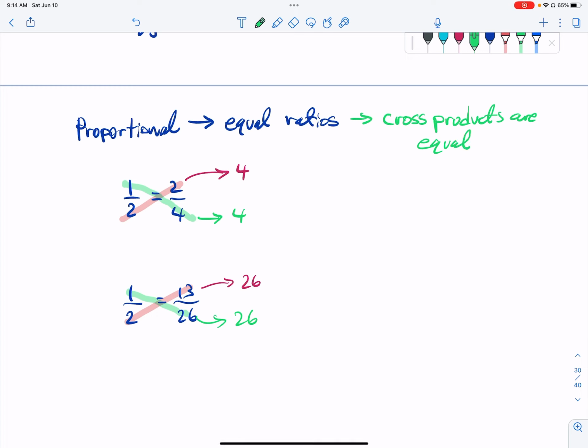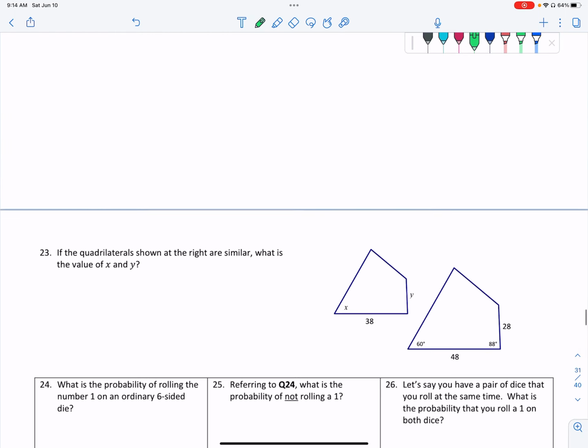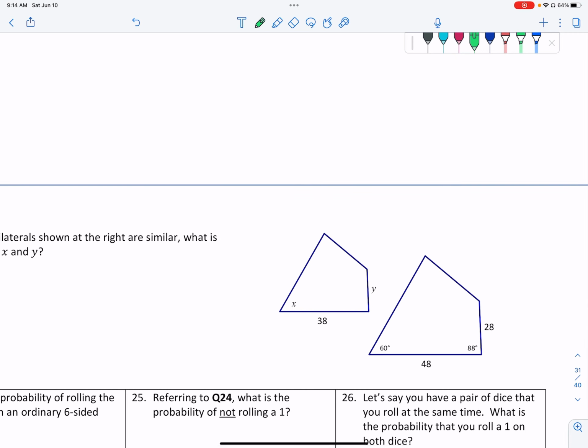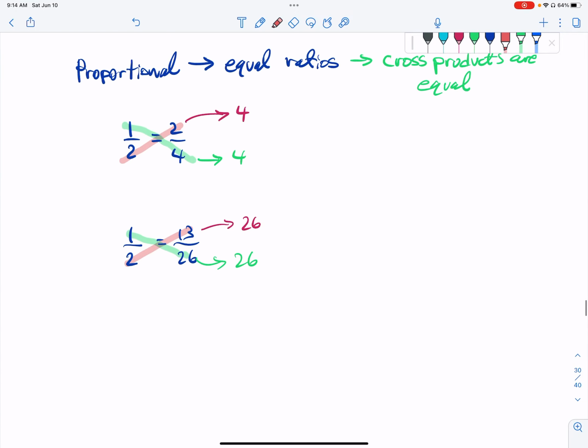Now, that gives us a clue on how it is that we're supposed to solve proportions, and that's what we're going to have to do on something like question number 23, whenever you set yourself up a proportion in order to solve for specifically the y. Now, usually the way teachers teach this is cross multiply and divide.